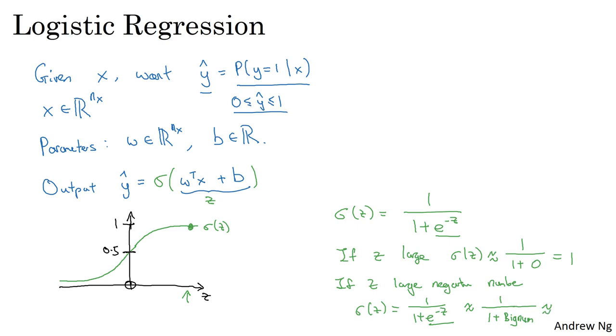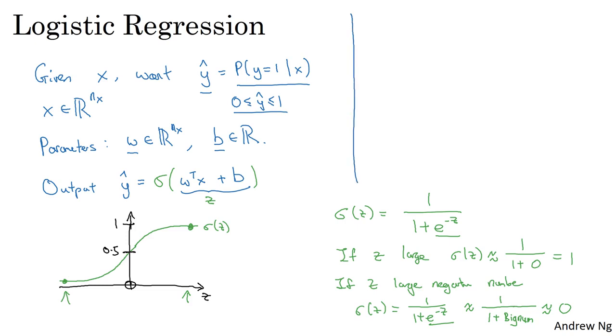And so that's close to 0. And indeed, you see that as z becomes a very large negative number, sigmoid of z goes very close to 0. So when you implement logistic regression, your job is to try to learn parameters w and b so that y hat becomes a good estimate of the chance of y being equal to 1.